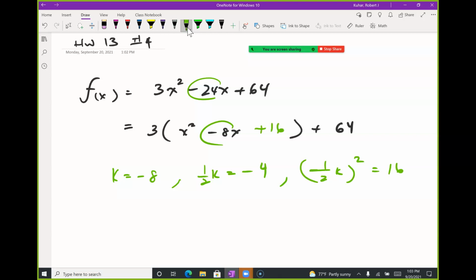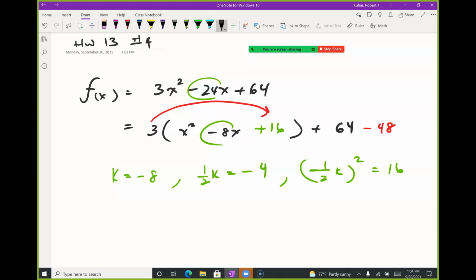So I'm adding 16 on the inside, but I have to notice that that's actually a 48. I've actually added a 48 to my function, so I have to get rid of the 48. Is everybody with me there? Nice. Elise, Manish, Ryan, you're all there. Nice.